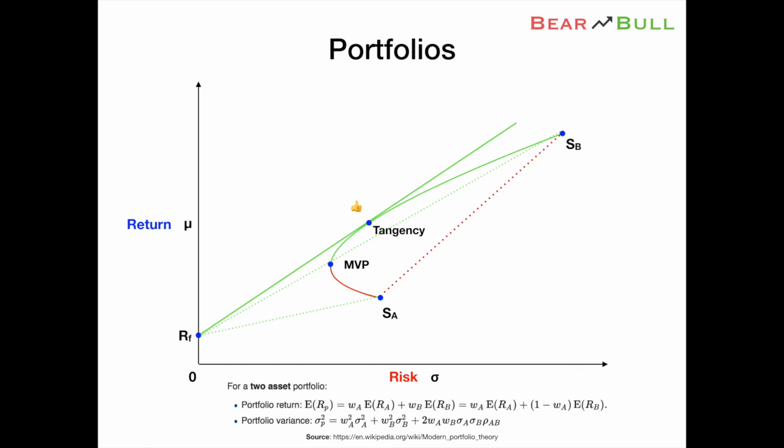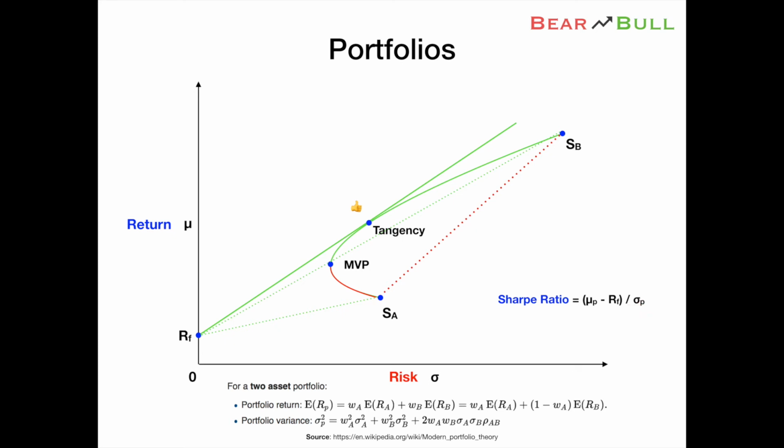We can easily calculate how much return a portfolio yields per unit of risk by computing its Sharpe ratio. Here we have the return on the portfolio minus the risk-free return, and this is what is known as the risk premium of the portfolio, divided by its standard deviation.